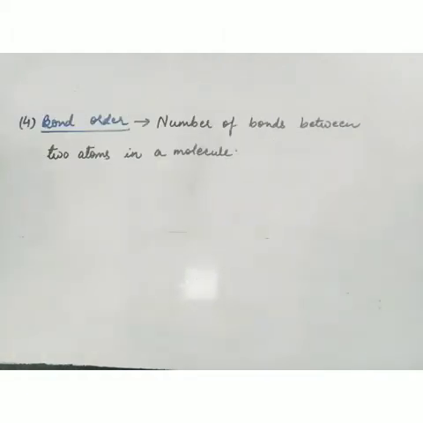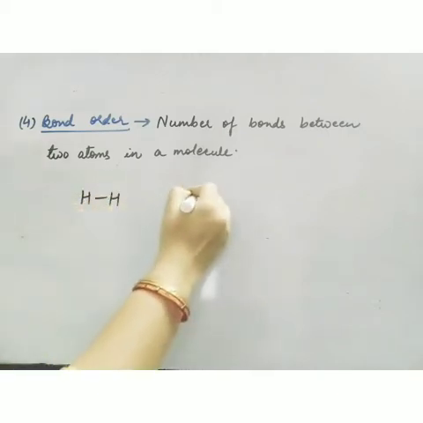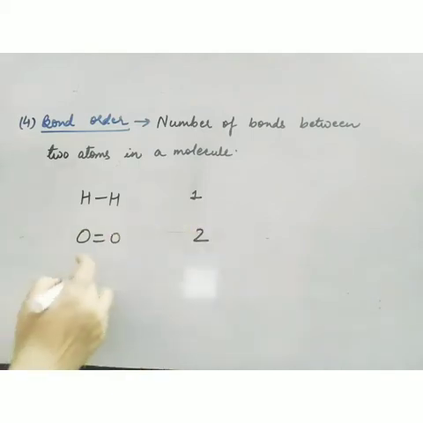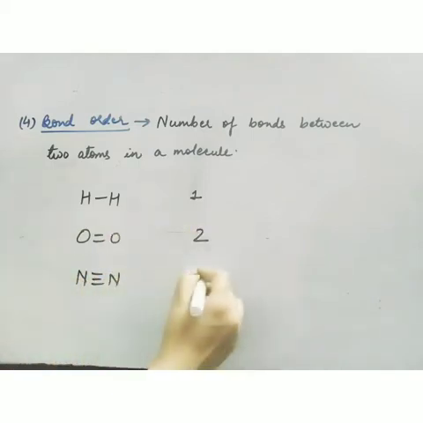Now the last bond parameter is bond order, and bond order is the number of bonds present between the two atoms in a molecule. Suppose hydrogen, the bond order is 1. Oxygen, now 2 bonds are there, 2. Nitrogen, 3 bonds are there, it is 3.